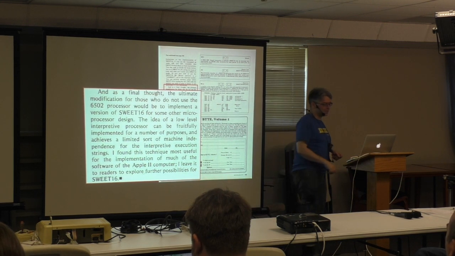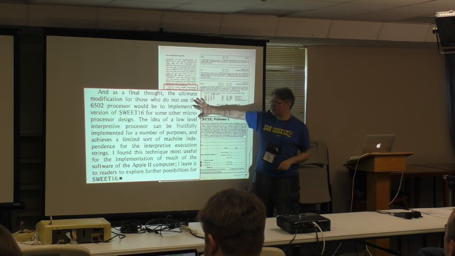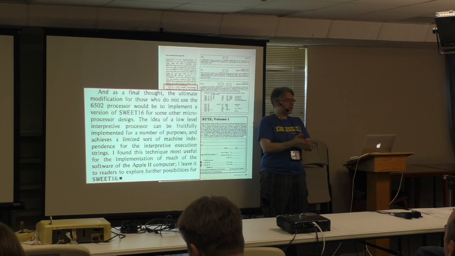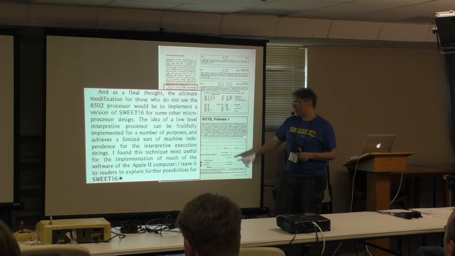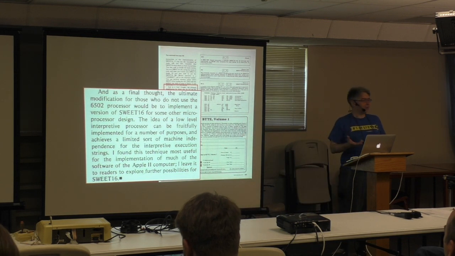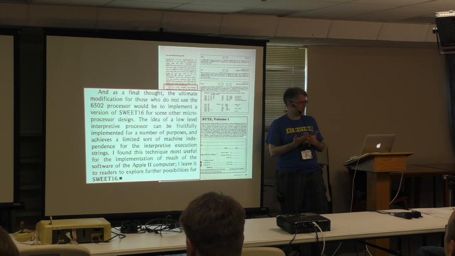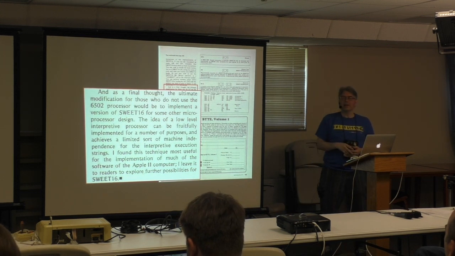Now that I'm reading it out loud, it's not exactly the thing he said, but at any rate, this is a proof of concept that this kind of thing is useful. He found it useful for his thing. He ends with, I leave it to readers to explore further possibilities for SWEET16. And so that was November 1977, I think. This is a sort of canonical reference for this thing.